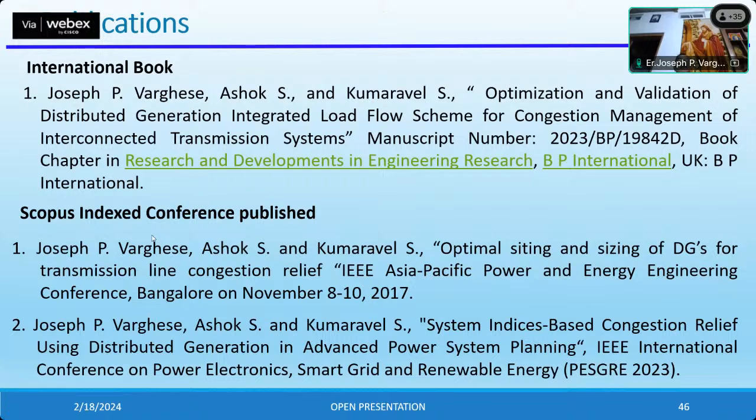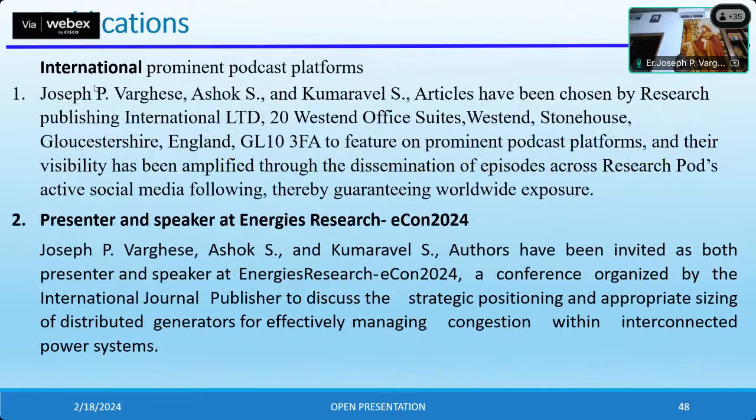Then Scopus indexed conferences. That is the IEEE Asia Pacific Conference in 2017, and also system indices based congestion relief using distributed generation in advanced power system planning has been published in the IEEE International Conference on Smart Grid 2023. We also have international prominent broadcast platforms.